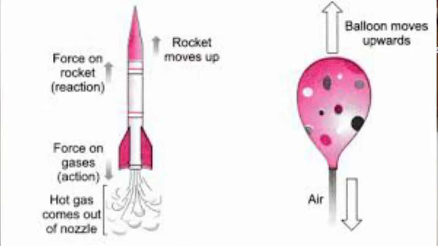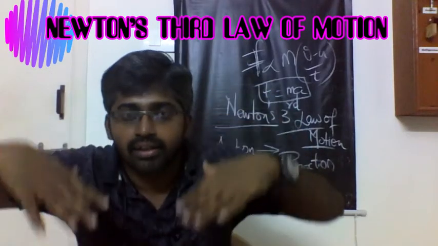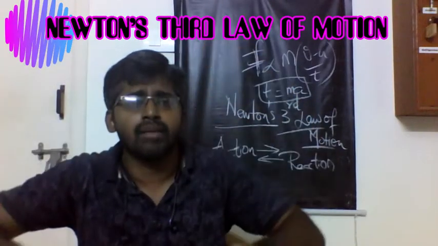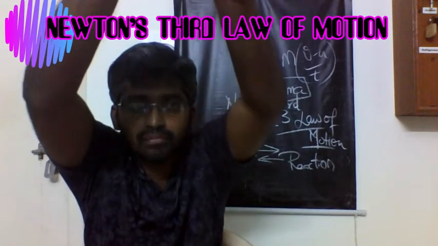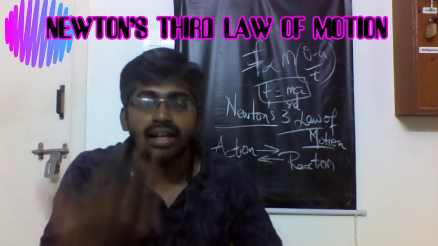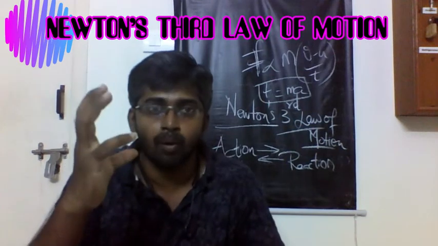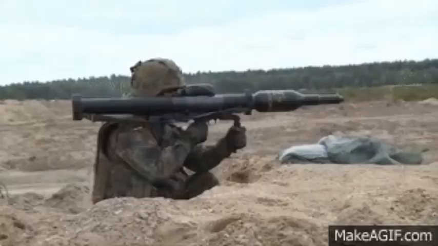Because when the rocket is fired, the engines exert a greater amount of force and pressure on the ground so that the rocket is moving upward. And another example is the cannonball, or simply the gun and the bullet.